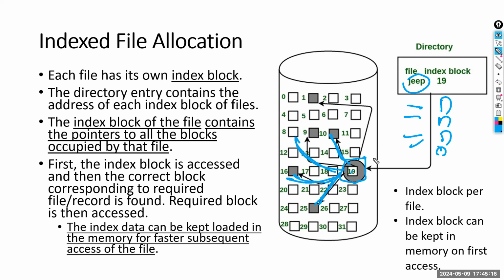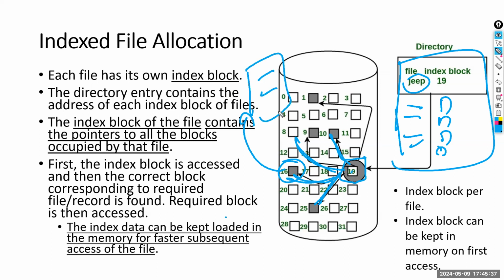So when you are searching for some record, you first load the index block and look at this index table. If you are looking for a particular employee with this employee ID, you must load this particular block. And when you load that block, that record will be there. That is what index file allocation is.